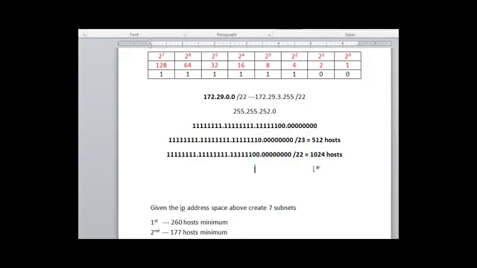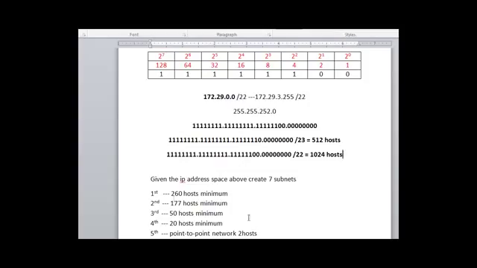Okay, so right now with a /22, we've got one network. This right here is one network with 1,024 hosts. But all we need for the assignment on our first network is 260 hosts minimum. Well, we know that a typical /24 will not work because that's only 256 hosts. So they probably want a /23 or 512 hosts. So the first network we know is going to be a /23. It's going to be 512 hosts.